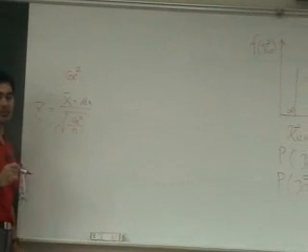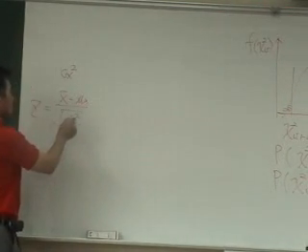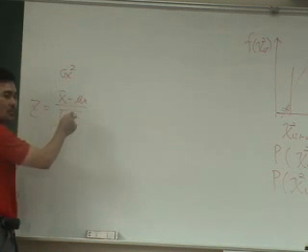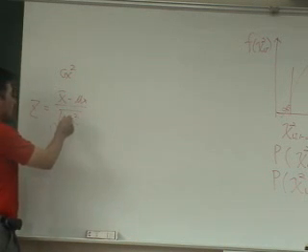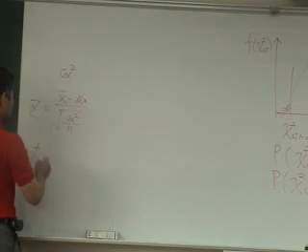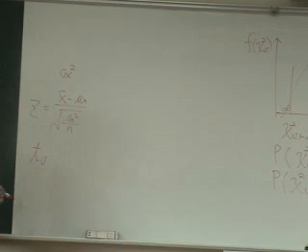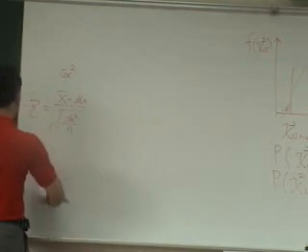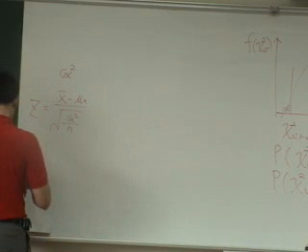This is the z distribution. But when you don't know the population variance, you're going to use the sample variance, right? So it is going to be T, and of course there are degrees of freedom.